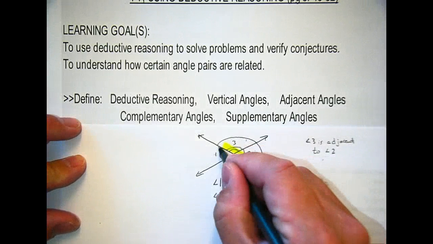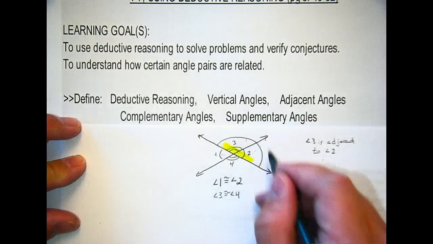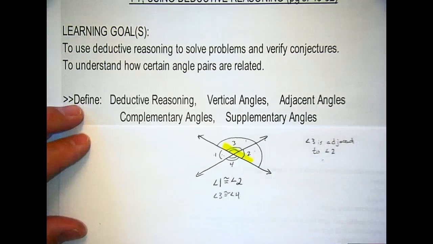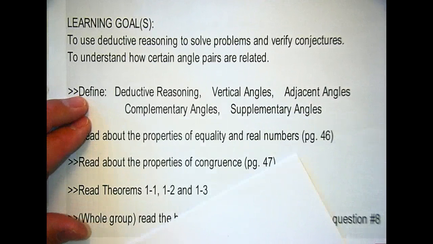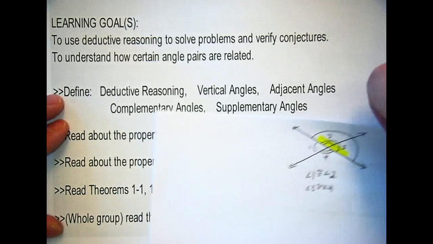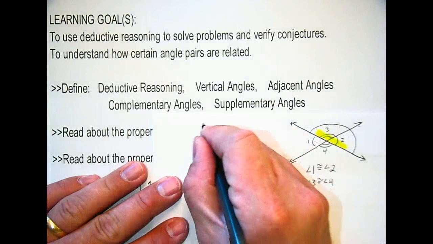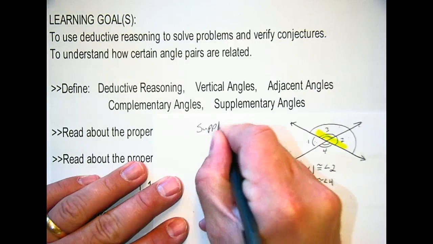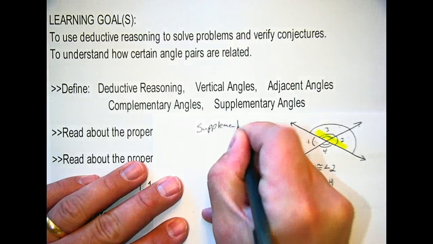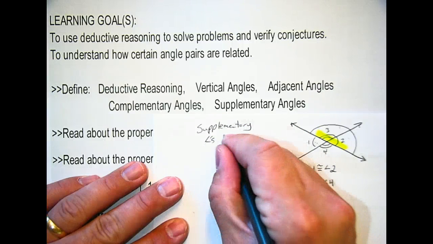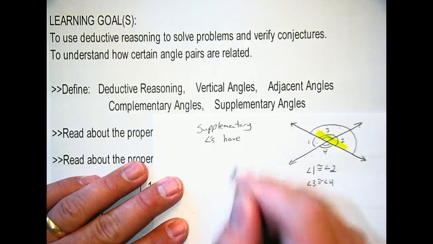You'll notice it's half of a circle, a semicircle. Supplementary angles are angles that add up to 180 degrees. So supplementary angles have a sum of 180 degrees.